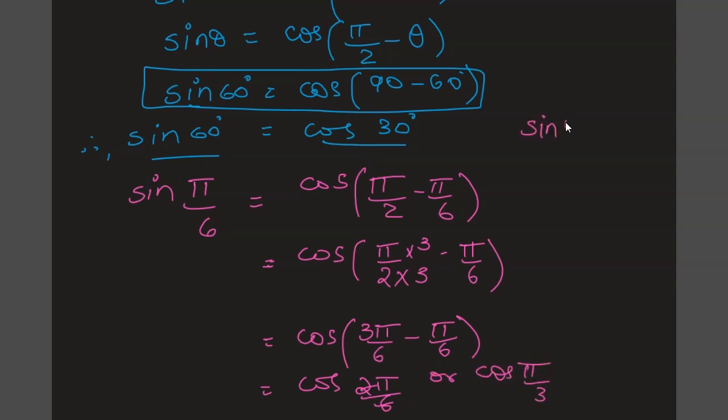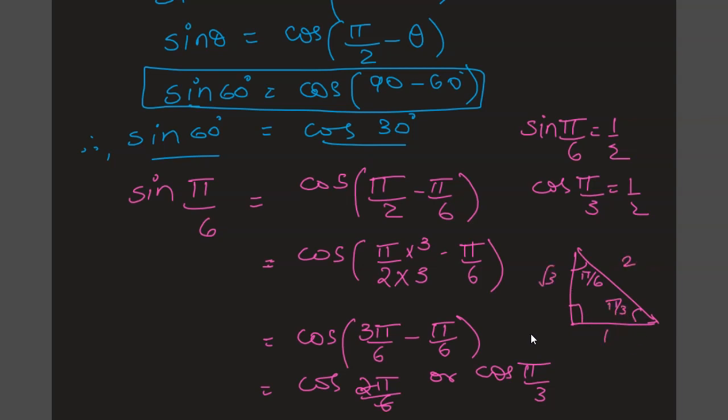Now sine pi by 6 is 1 by 2 and cos pi by 3 is also 1 by 2. We can check this from our special triangle. This is our pi by 6, pi by 3 special triangle.